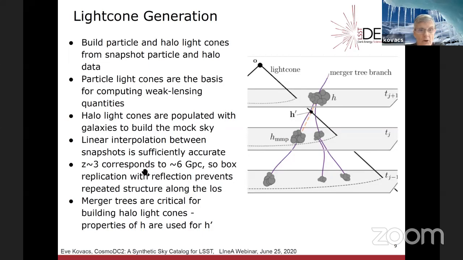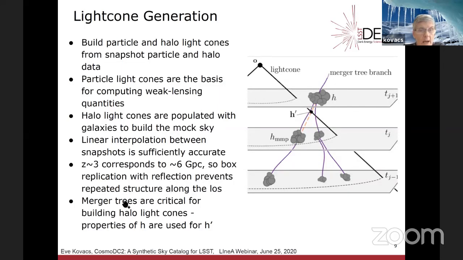Now, those of you who know your cosmological distances will immediately realize that if we want to go out to redshift 3, this is a distance of about 6 Gpc, and that's bigger than the box that we have. And so what you do in those cases is you replicate the box, and you also use some reflection to prevent the repeated structures happening along the line of sight.